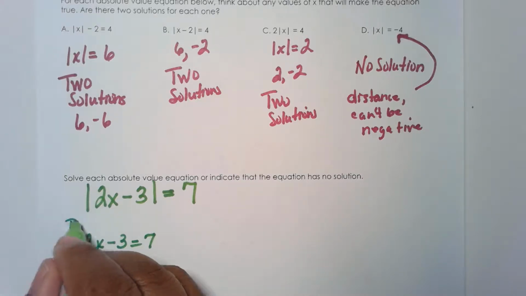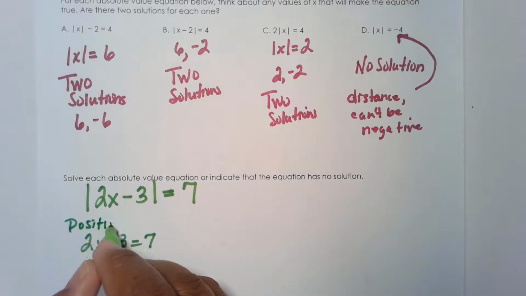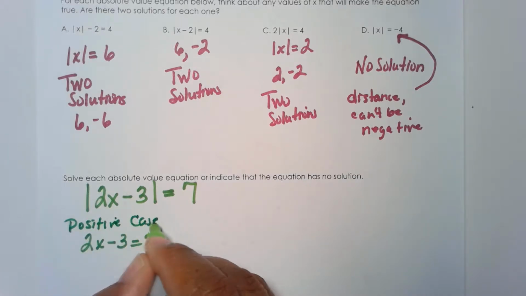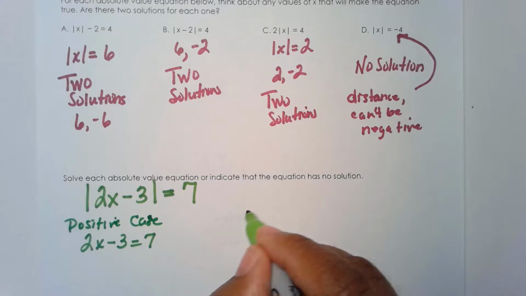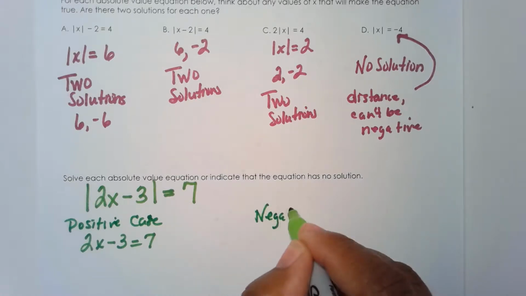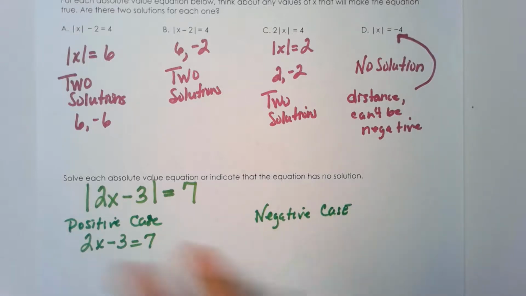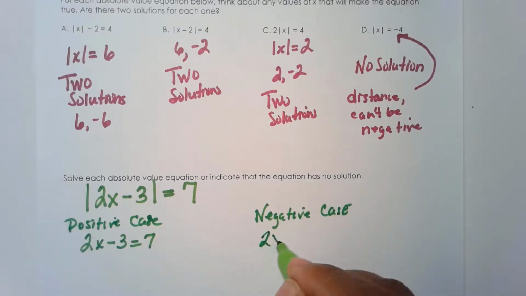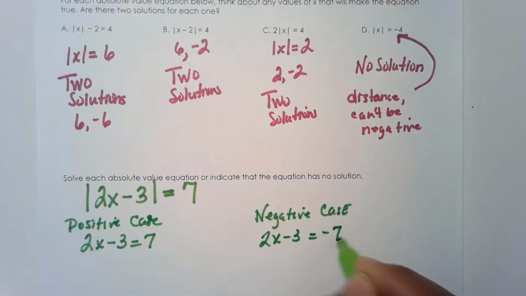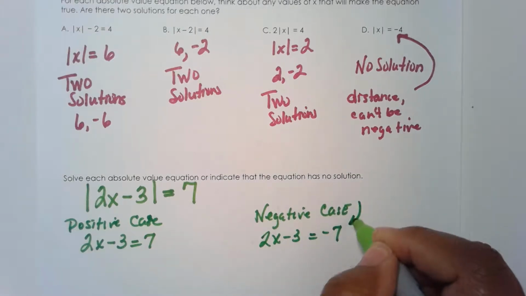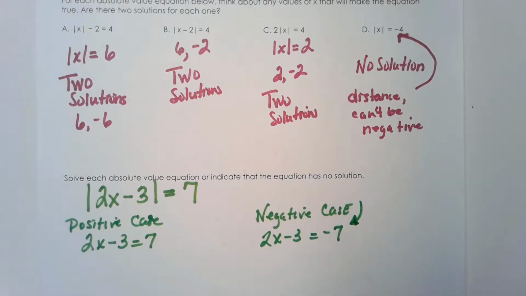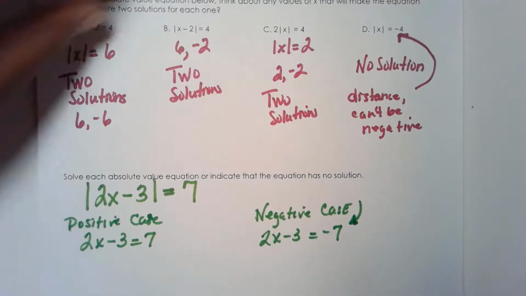So here we have a positive case and we have a negative case. You're going to have two solutions because we have to cover both sides of the number line. So this is going to be equal to -7, and then we would solve.